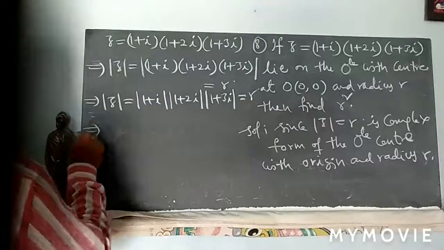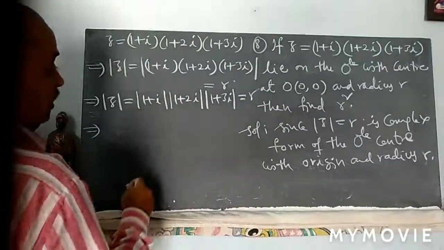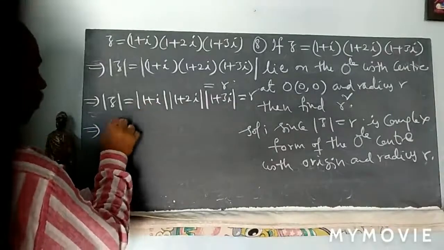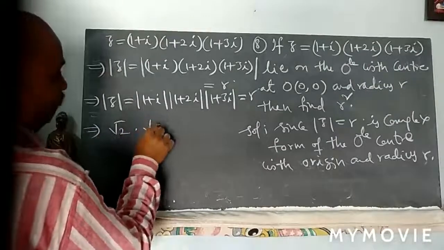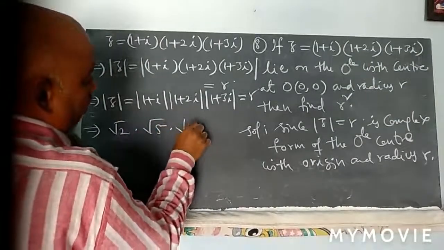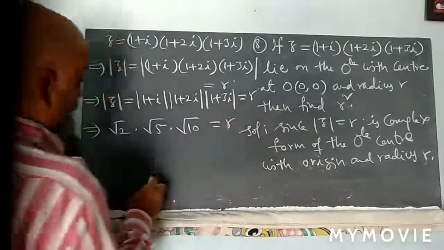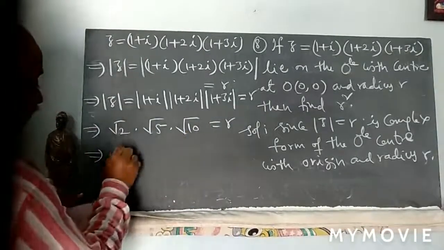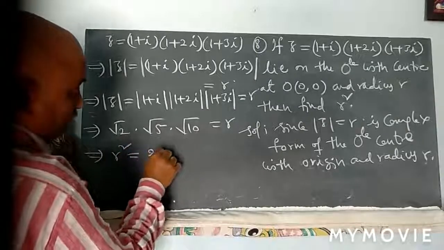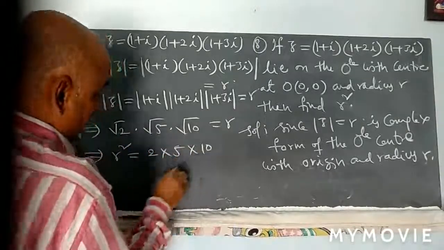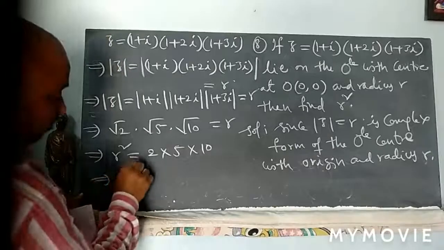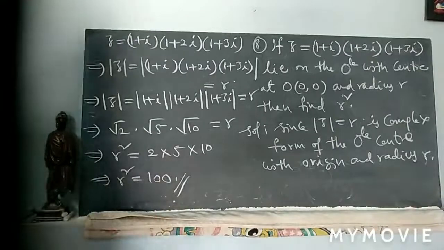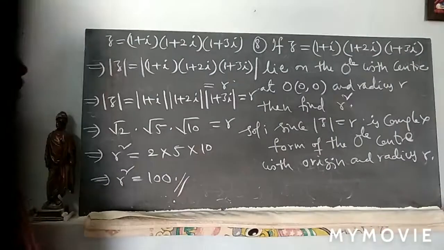So this is root 2 into root 5 into root 10 is equal to r. This implies taking square on both sides, r square is equal to 2 into 5 into 10. This implies r square is equal to 100.